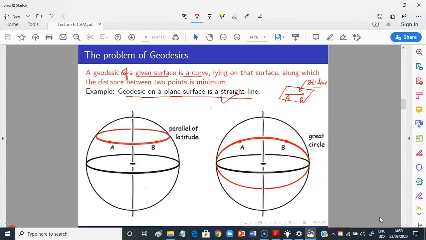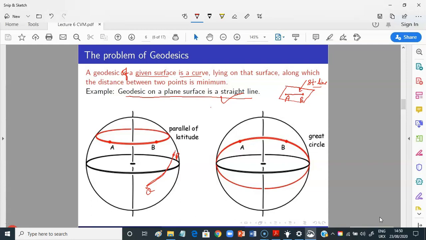So suppose one point is here, and we are already representing it like this. You have to determine that particular curve, passing through any two fixed points, maybe PQ, maybe AB, along which the distance between these two is minimum. In the case of a plane, obviously it is a straight line, but on a sphere it is not the case.